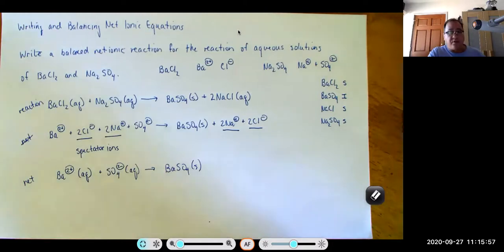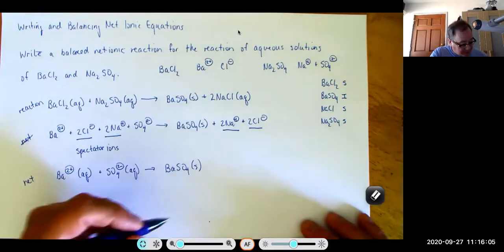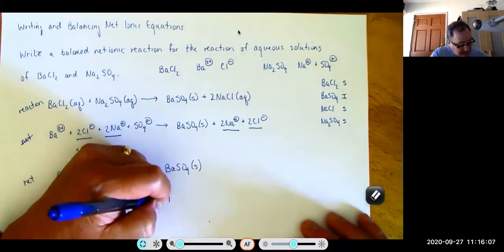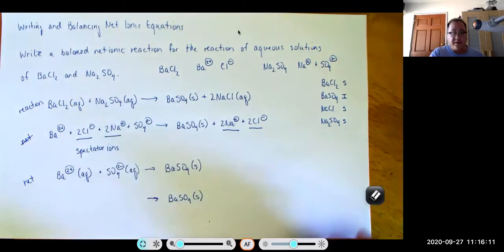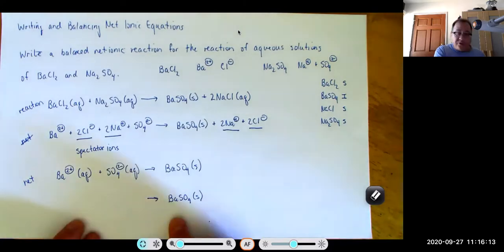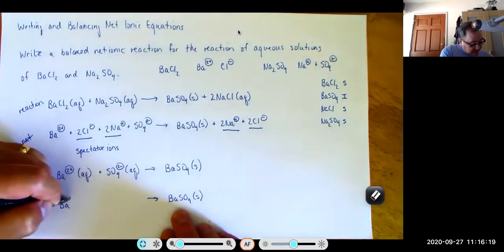Let me show you another way to get to the net ionic reaction. The other way of getting to the net ionic reaction for a precipitation reaction is you simply start with the precipitate. So that's what you start with. And then you ask yourself, what are the two ions that form to make this? Well, one of them is a barium ion. The other is a sulfate ion.